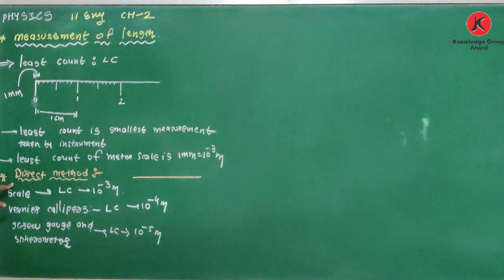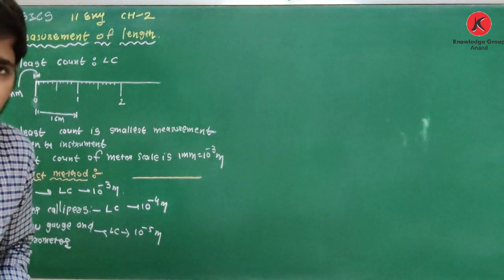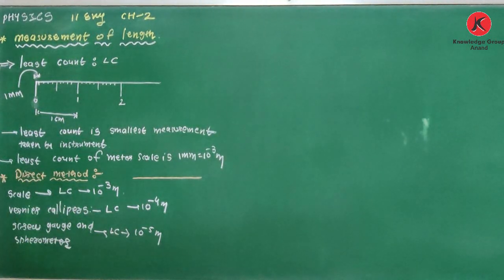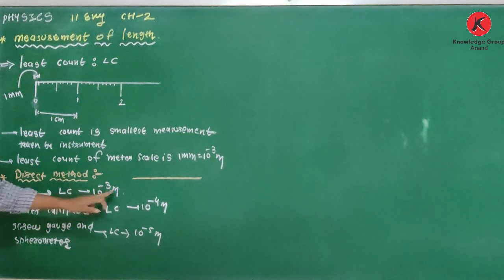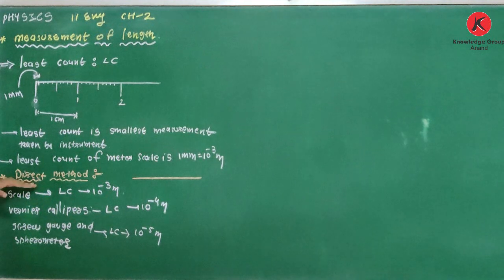Yes, you know how to take readings with the help of a scale. I will explain in practical how to take readings with the help of vernier calipers, screw gauge and spherometer. Don't worry about it. Right now you have to remember the least count for these instruments in the direct method.